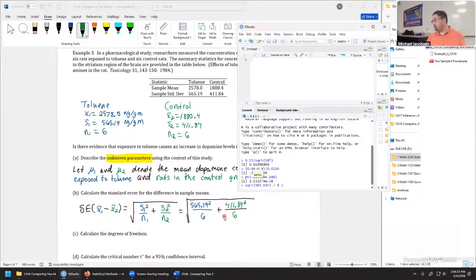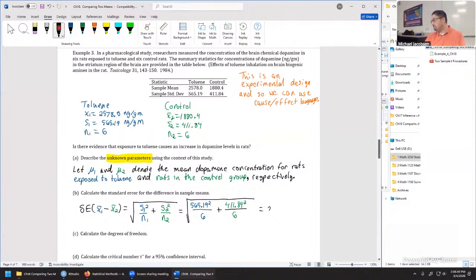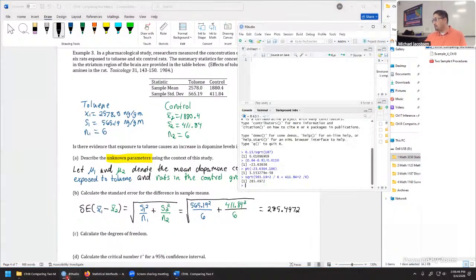Then go plus, do it all over again with the second standard deviation. 411.84 squared, divide by 6. That's finding our standard error. I'll keep all the decimal points it gave us. 285.4972. So that is the approximate standard deviation for x bar 1 minus x bar 2's sampling distribution.